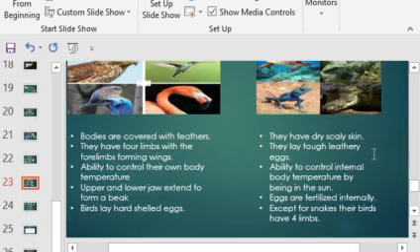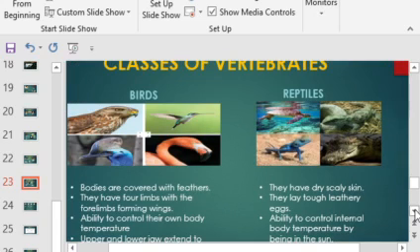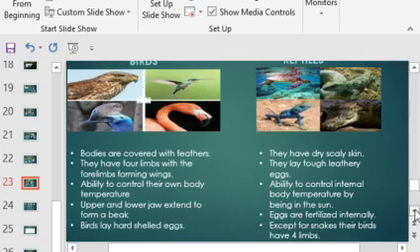Except for snakes, they have four limbs, as well as the birds. So basically that's all the classes of vertebrates that we actually discussed.